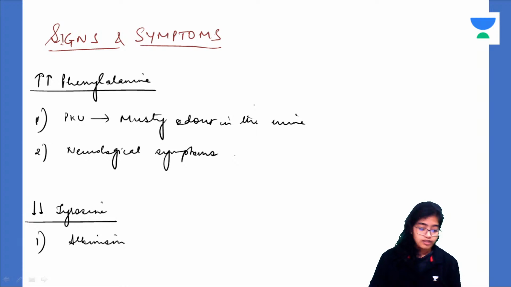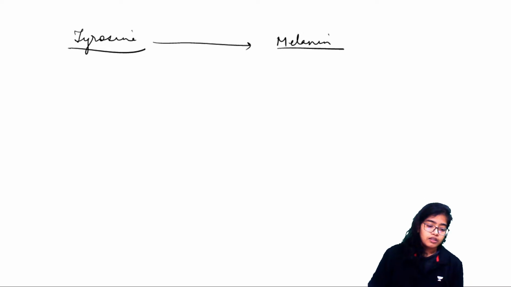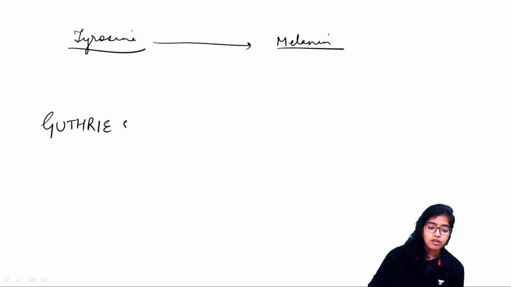Okay, understood? Now, what is the heel prick that we were talking about? See, first of all, for the diagnosis of phenylketonuria, from day 3 to day 7 of birth, what is done is the Guthrie test. Which test?